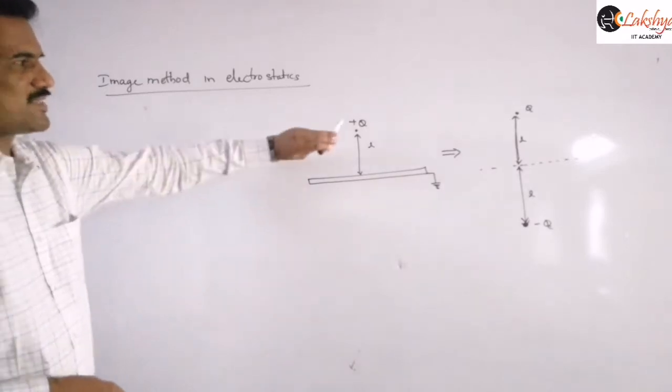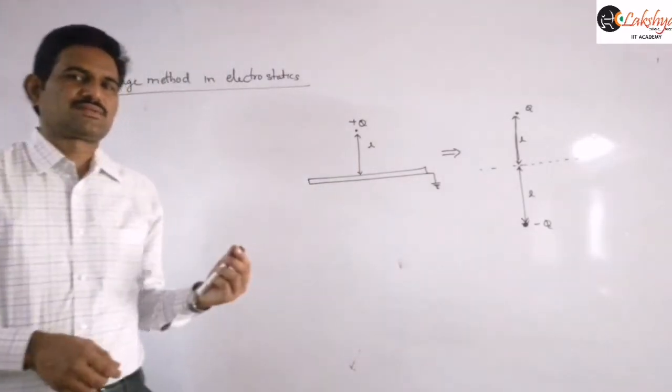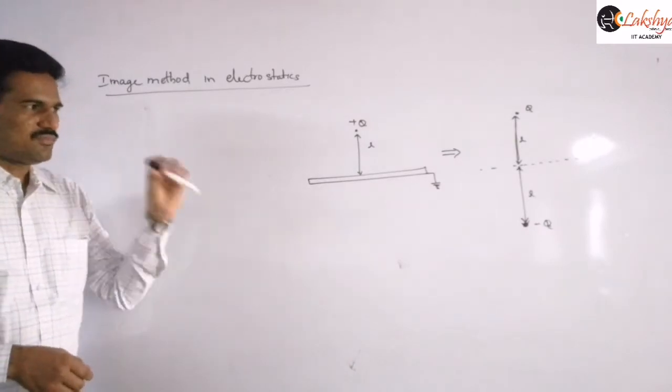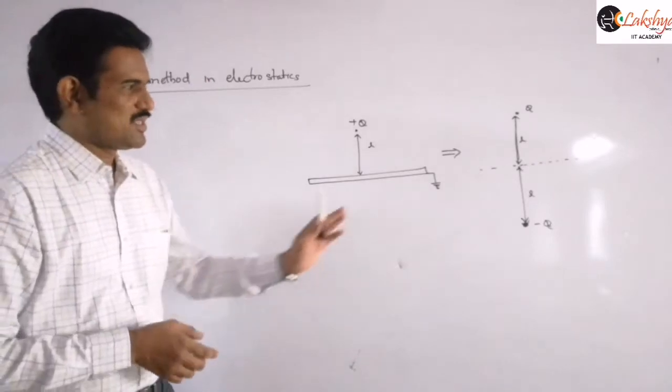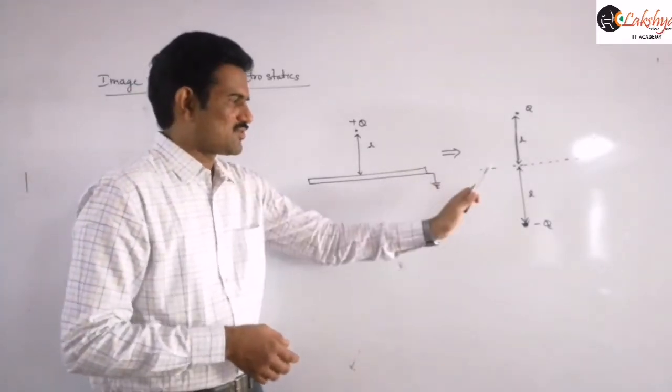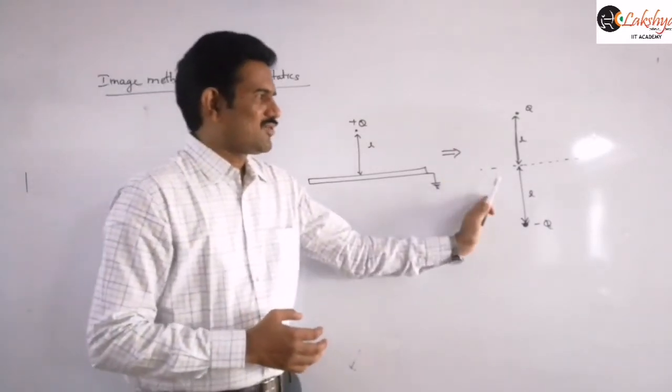That means we are displacing this charge from here to infinity, right? So we need to calculate how much work done is required. So first let us see the force. So now this is the image conversion. So first we discussed already, this is a given configuration. So we are converting that into image.